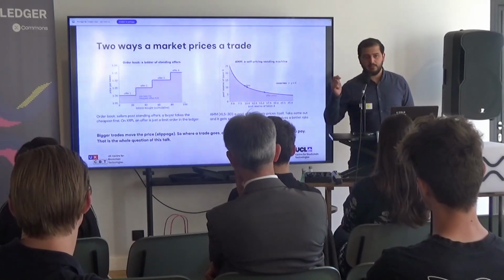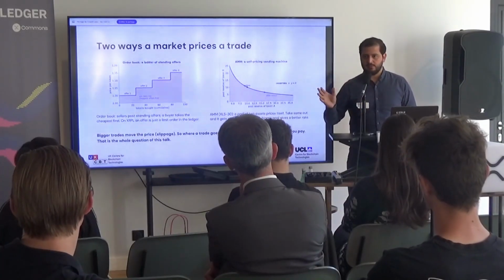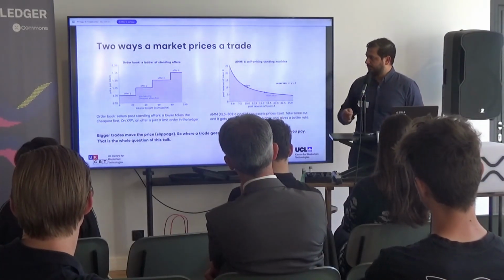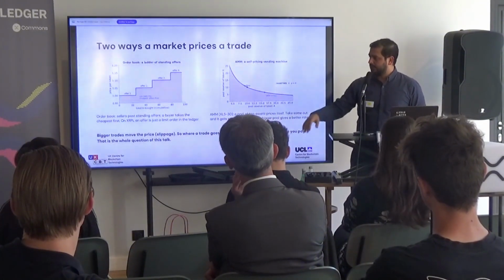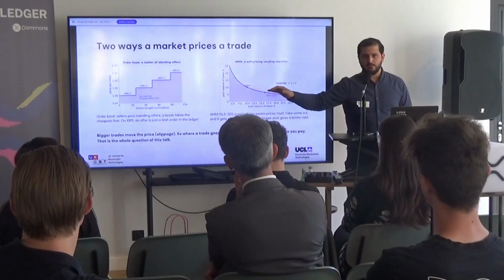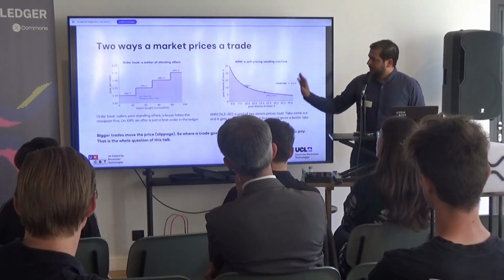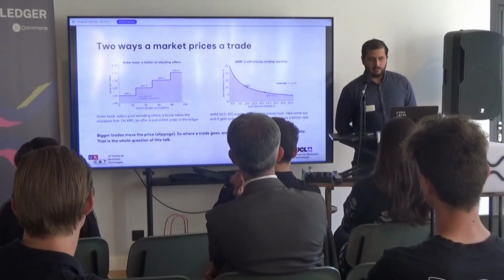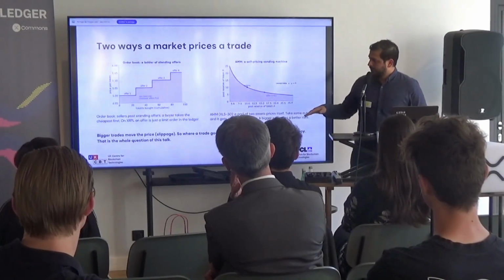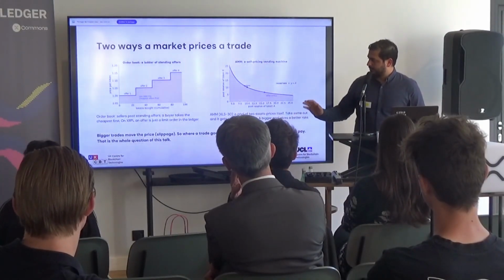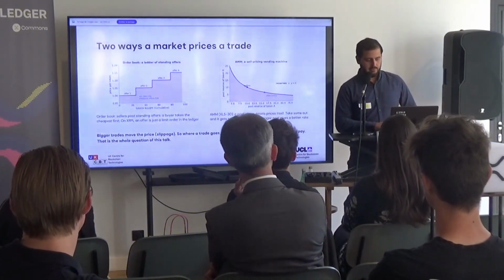For example, if you buy on Binance or Kraken, which are centralized exchanges, they use a limited order book type of system where the offers are stacked this way on the buy or sell side, and usually you have a market maker in the middle who makes money on the spread between both sides. Now, on the automated market maker side, it's a funding curve where the price only changes according to each new trade being executed in the system.